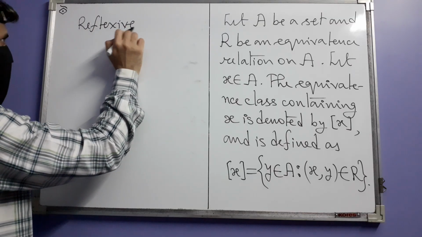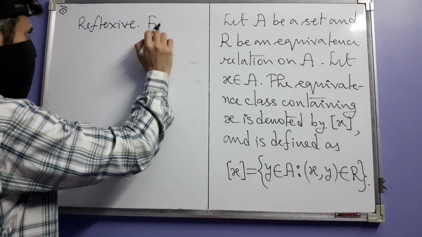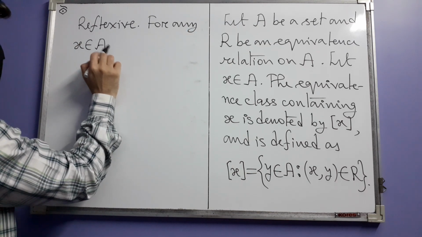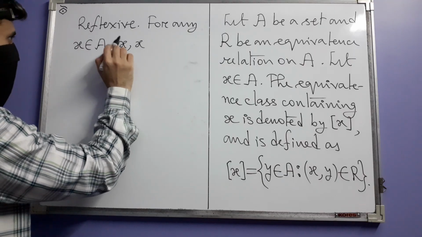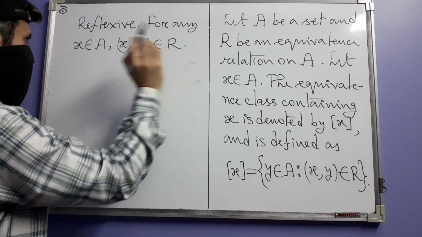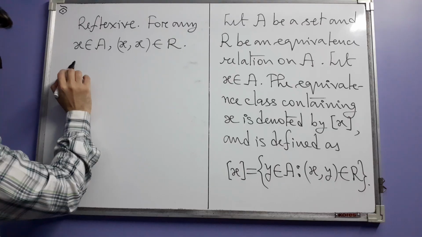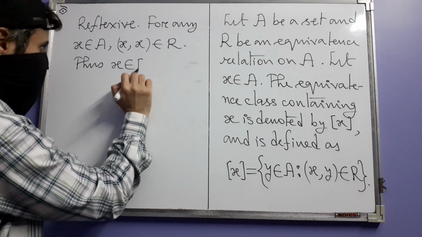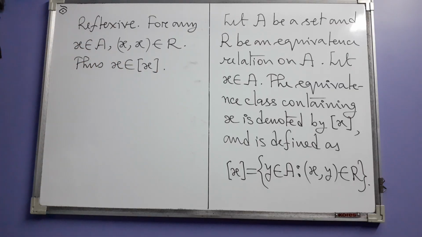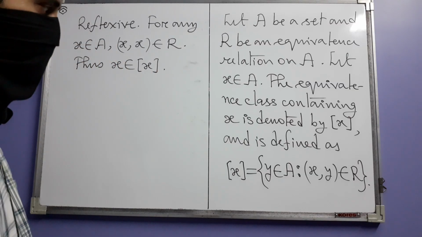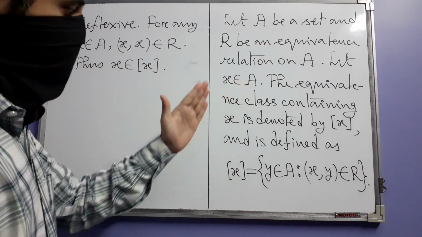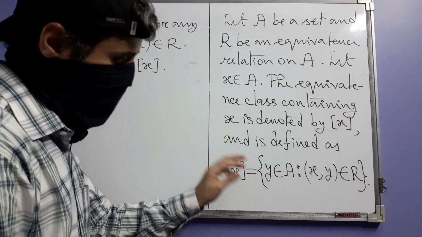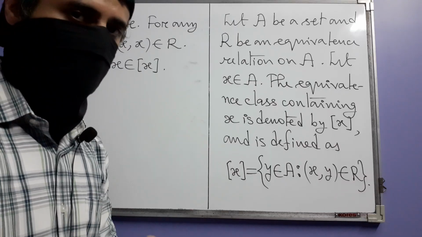The second thing, because our relation is reflexive, for any X in A, X is related to X, and that is why X itself belongs to the equivalence class of X. So any element of A you choose and look at its equivalence class, there will be at least one element which is X itself.